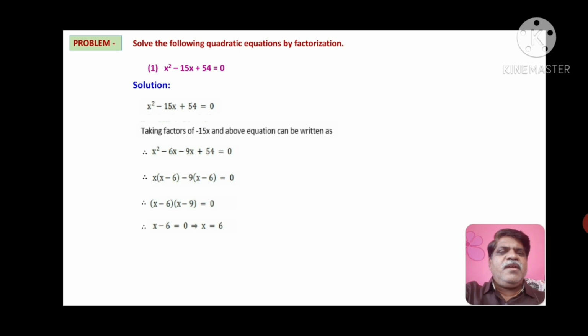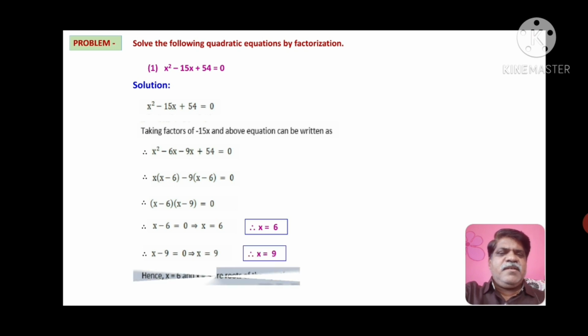In that way, here x minus 6 into x minus 9 is equal to 0, which means either x minus 6 is equal to 0, therefore x is equal to 6, or x minus 9 is equal to 0, so x is equal to 9. So friends, hence x is equal to 6 and x is equal to 9 are the roots of the given equation. Let us see the second example.